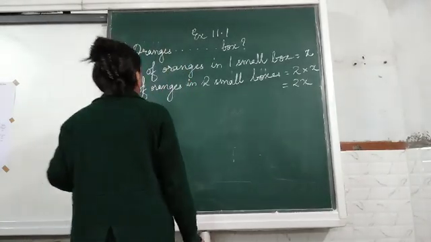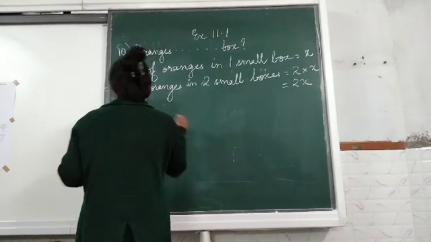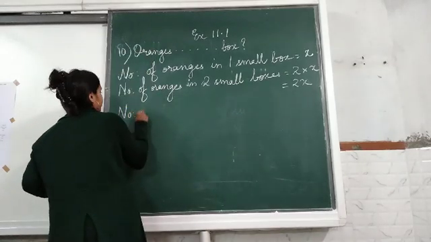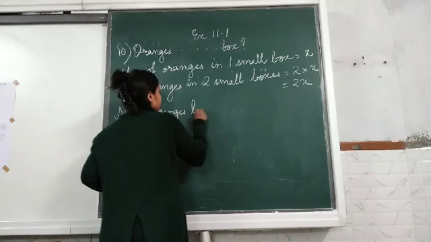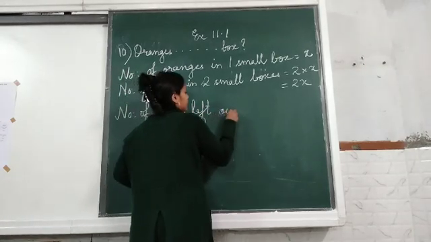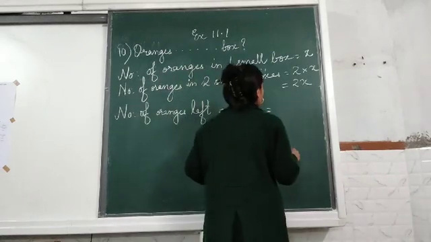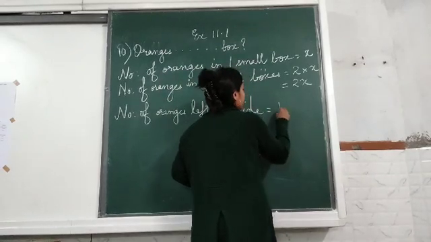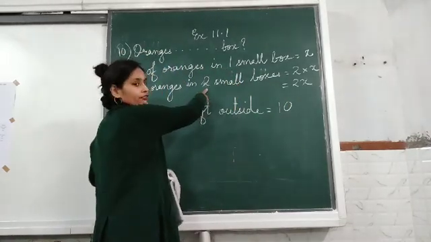Now number of oranges left outside, that is 10, after these two boxes are filled.